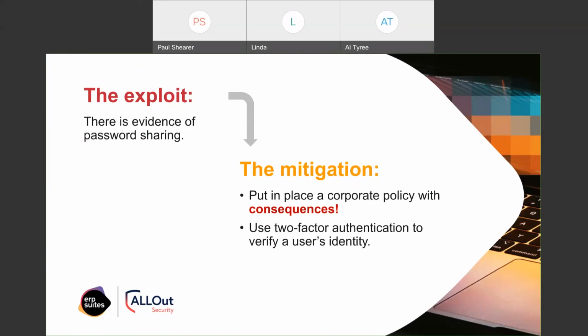Make sure that your corporate policy has consequences associated with if this is occurring. And a really good way of preventing it from happening is use of two-factor authentication. So that way someone might share the password, but it really doesn't matter because they're not going to have it on their phone to authenticate their identity.